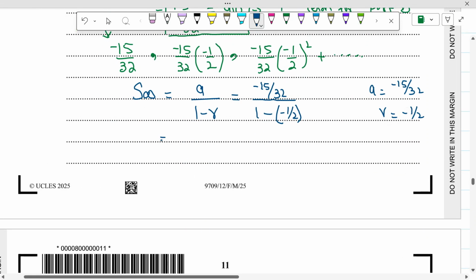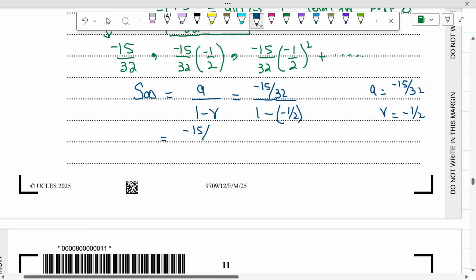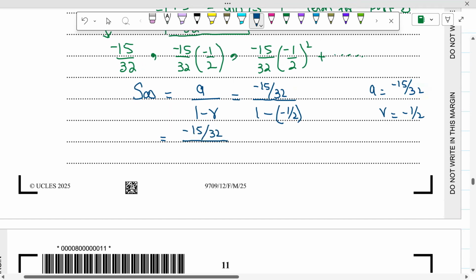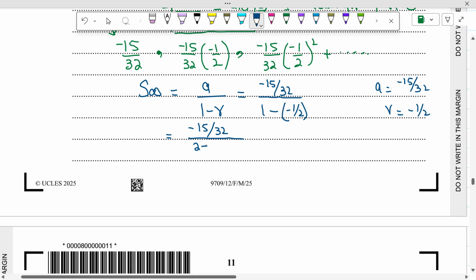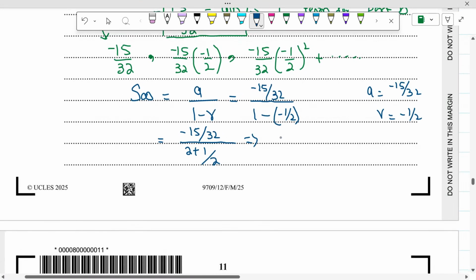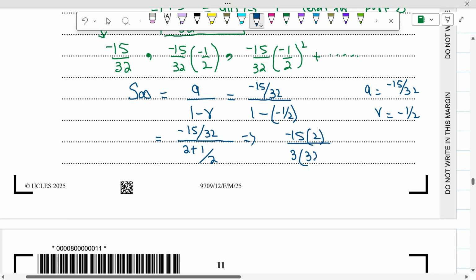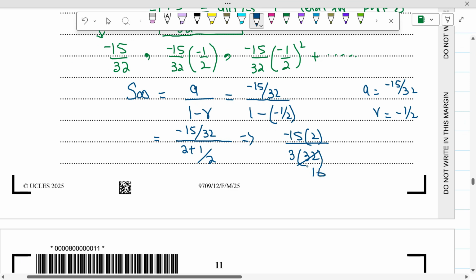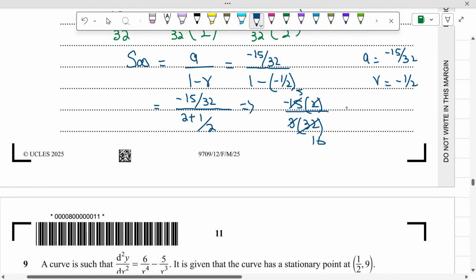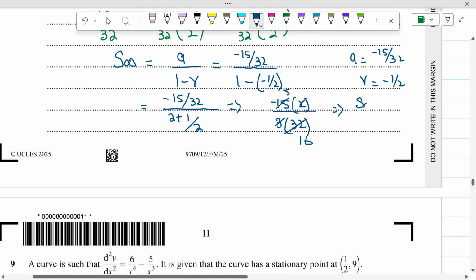Further solving, we will have negative 15 over 32 over 2 plus 1 over 2, with 2 as the LCM. Further solving, we will have negative 15 times 2 over 3 times 32. So this one is 16 and this one is 5, and the 3 will be cancelled out. So we will have sum to infinity equal to negative 5 over 16.